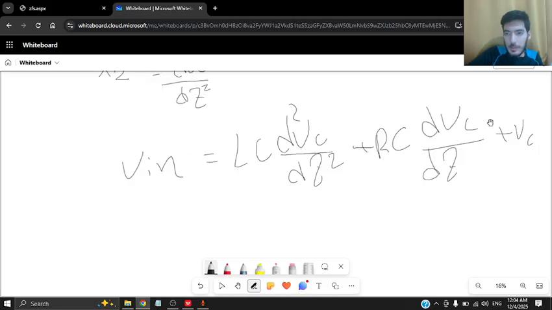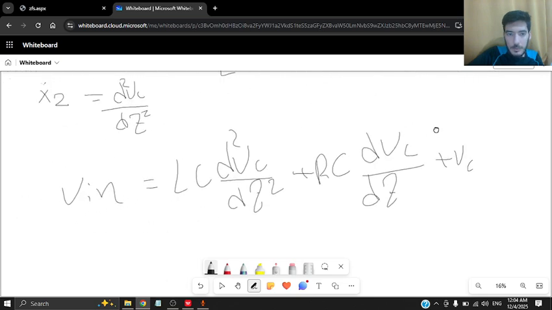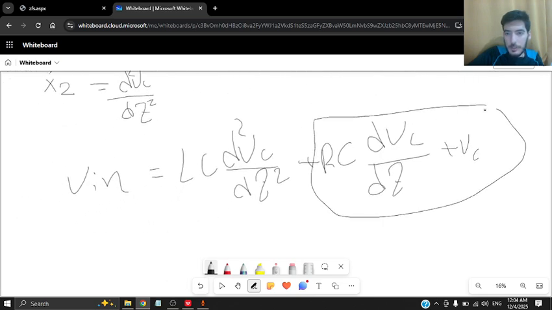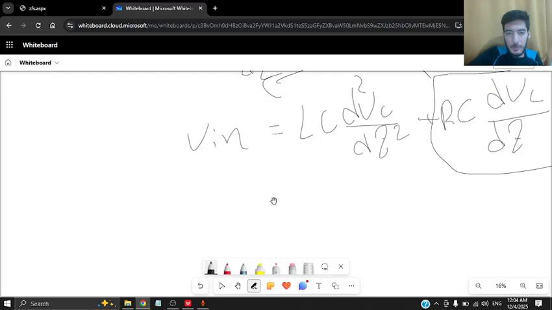I can take these two to the left and then divide them by Lc, so I can obtain the second order differentiation alone on one side.